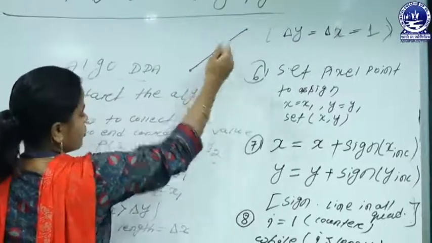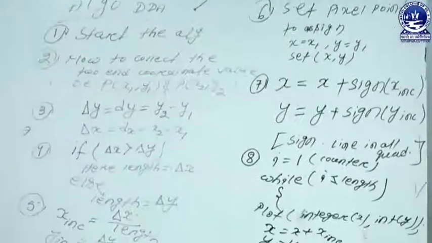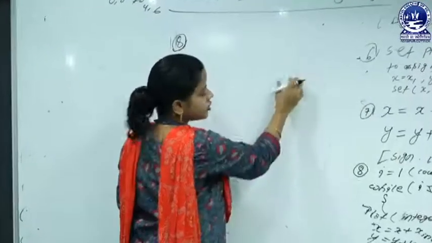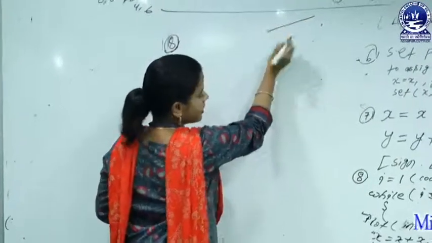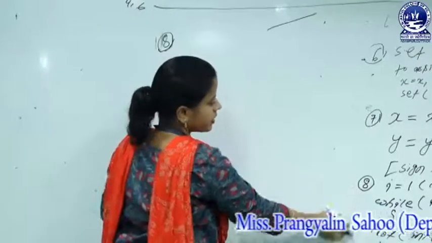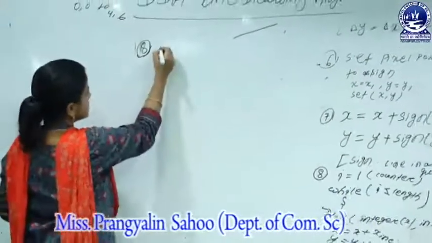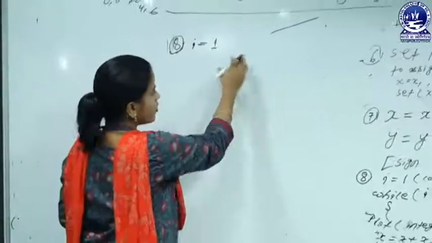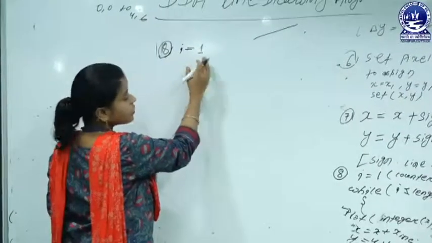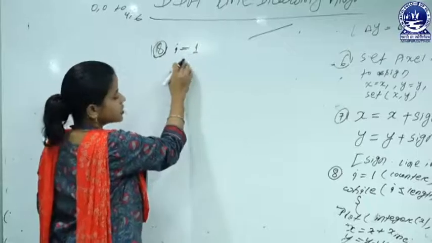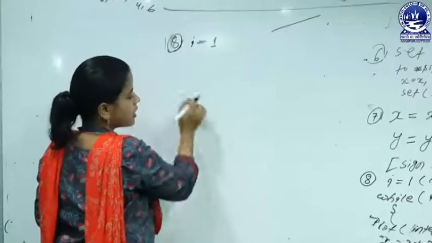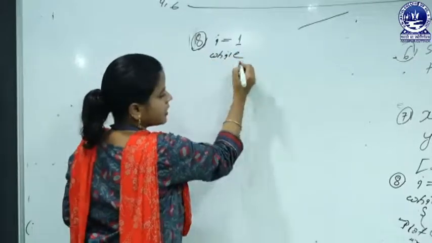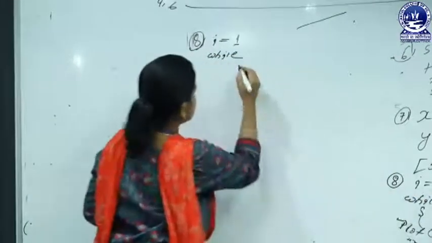Now go to finding all the intermediate pixel points between the line's endpoints, so we execute step 8. Finding the intermediate coordinate points of the given line using step 8, here we take the counter value as 1, for finding the first intermediate coordinate point. Now check the condition: while I is less than or equal to length.